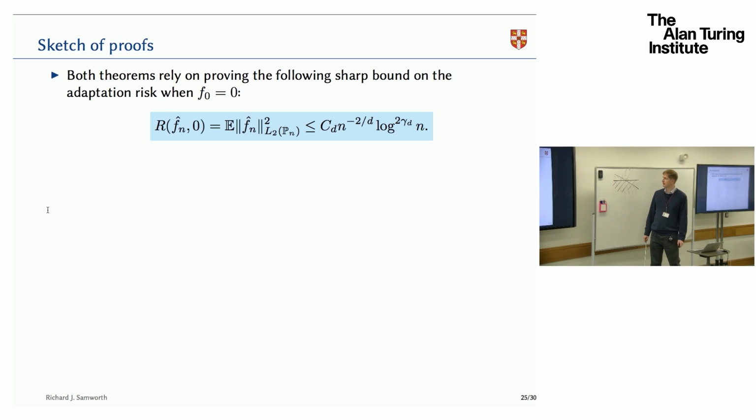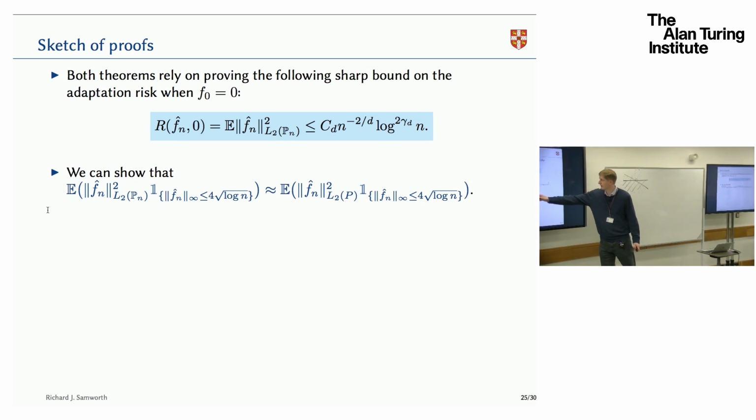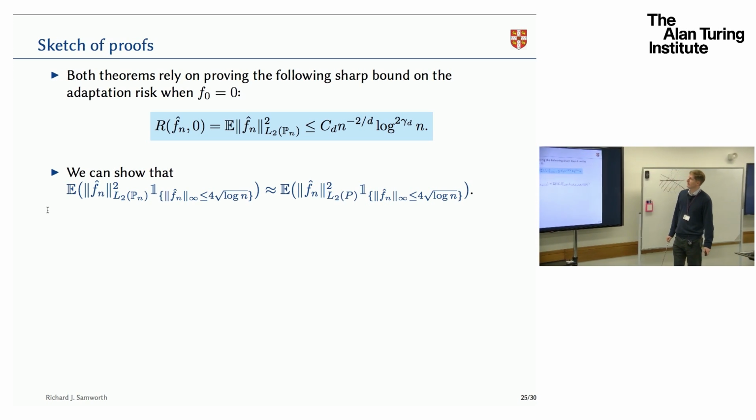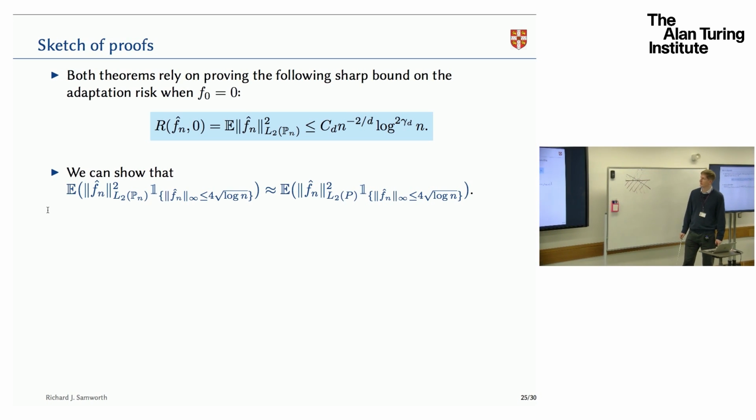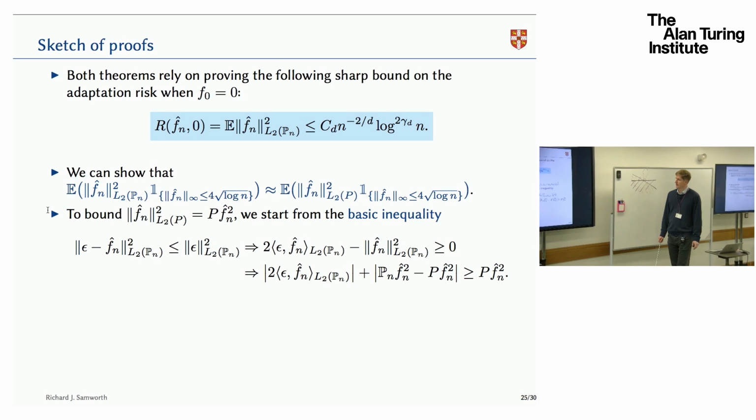A very basic sketch is to start by looking at the adaptation risk when f0 is 0. And you can approximate the L2(Pn) squared norm of fn hat by the L2(P) norm when you've got an L infinity truncation.